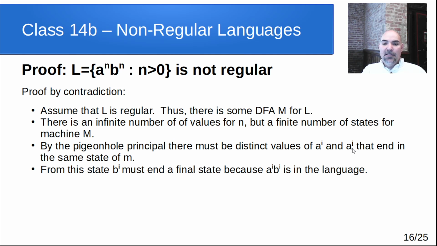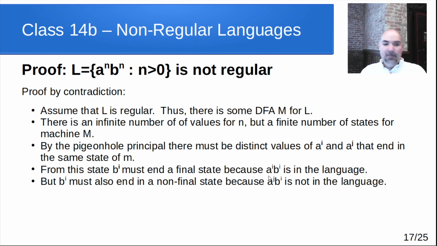But since a to the j could also get us to that state, then b to the i must also end in a non-final state, because a to the j followed by b to the i is not in the language. So notice that we went from that state we were in, we used b to the i on both of those, so we end up in the same state, but it has to be both final and not final.